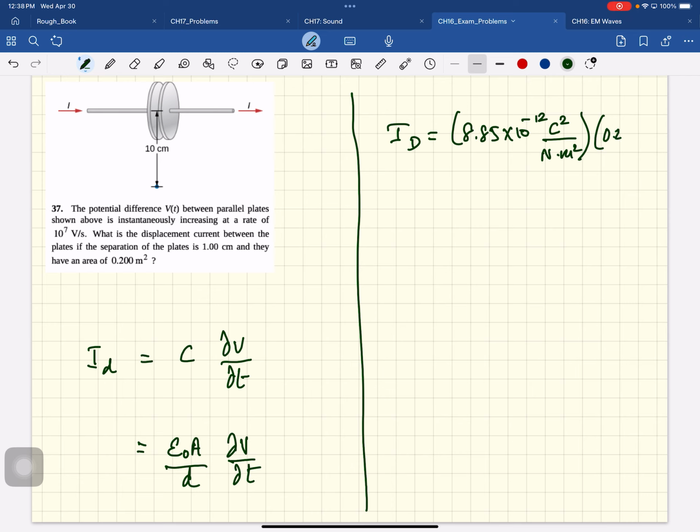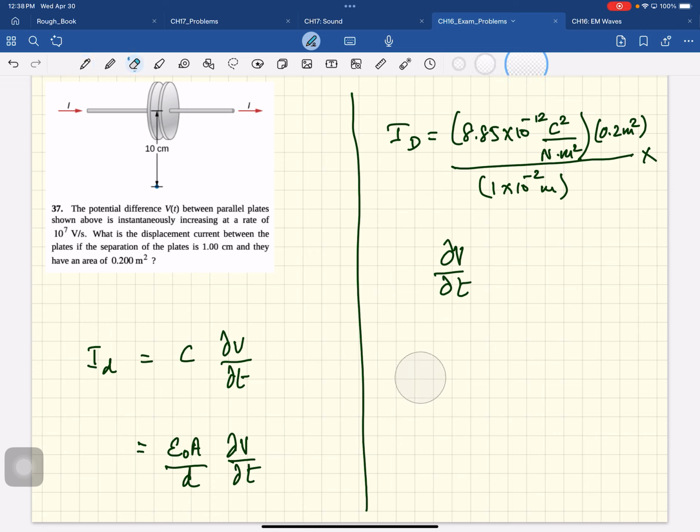Area is 0.2 meters squared. D is 1 centimeter, times del V by del T. Okay, and del V by del T is 10 to the 7 volts per second.